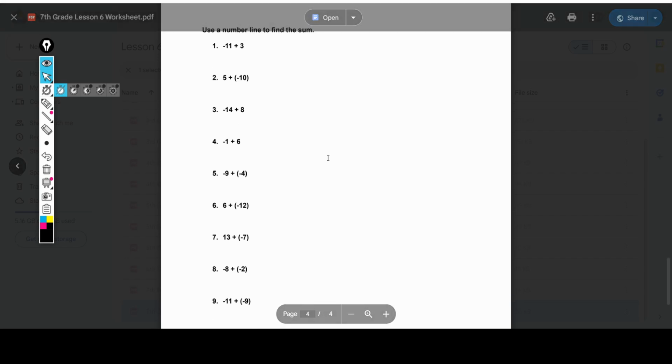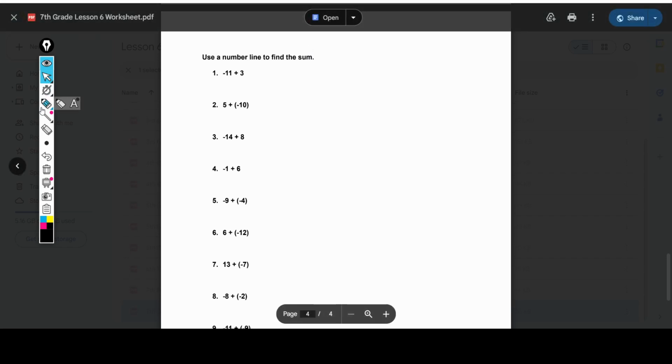And then here are just some addition problems. You can use a number line for these, and they involve negative numbers. So if we have 0 here, 3 here, and negative 11 here maybe, and you add these together. Well, you can start from negative 11, I think is easiest, and then you can use a number line, and then you can do the little addition thing where you jump 1, 2, 3 times, and this will give you negative 8, because this is negative 10, this is negative 9.